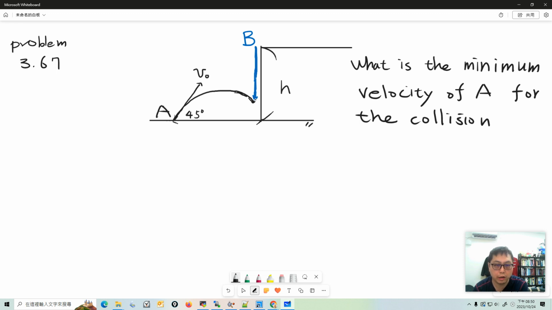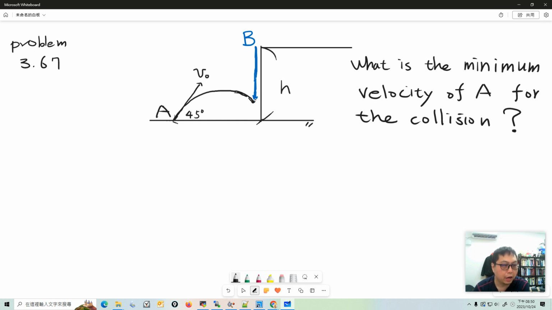So you throw a ball from A, and at the same time your friend drops a ball in free fall from B. You need the minimum speed v naught to make the collision happen.